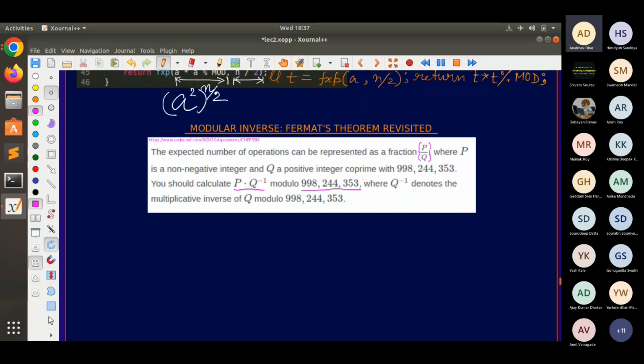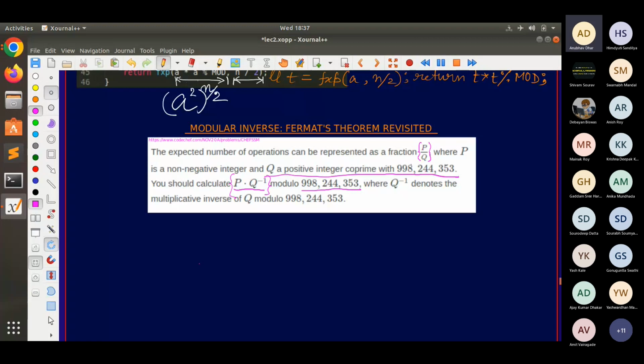Here it says that q is a positive integer co-prime to this number. This is very important, that q cannot be a multiple of this number. Then you can represent any fraction of the form p by q using an integer modulo this number.